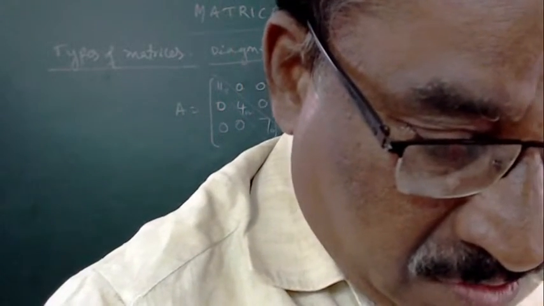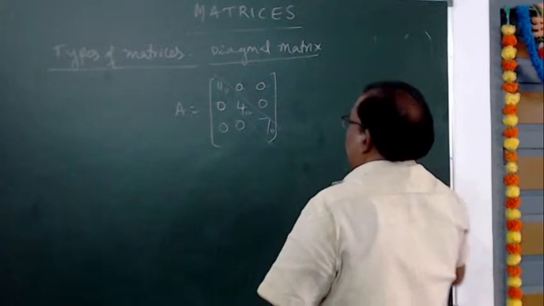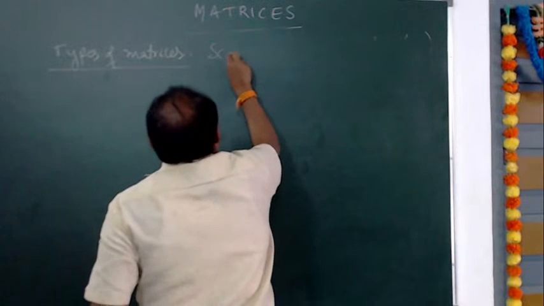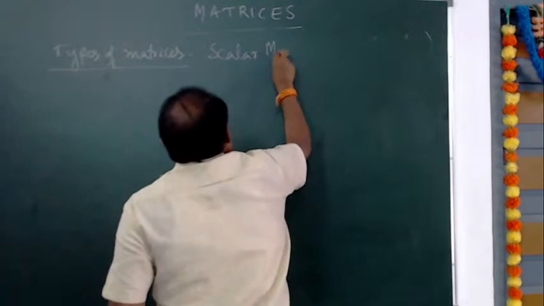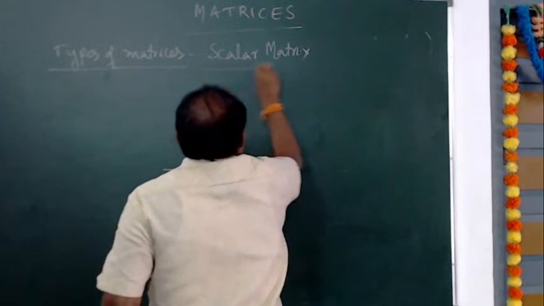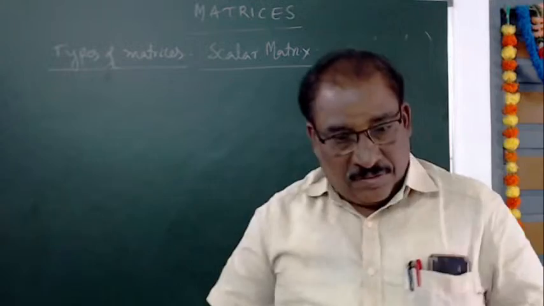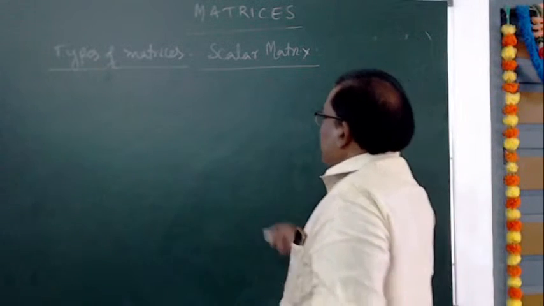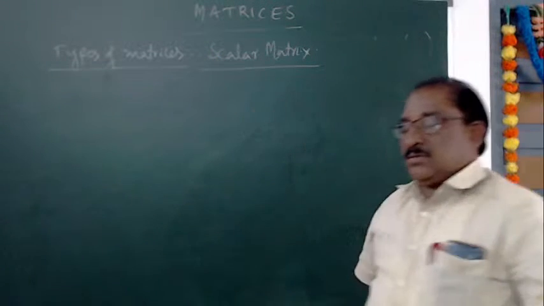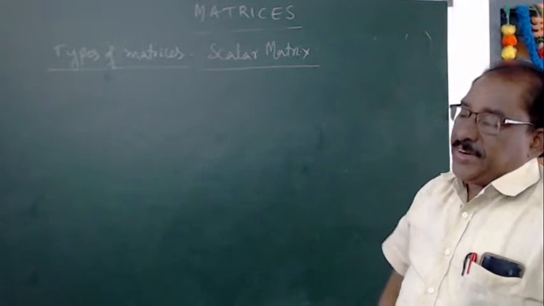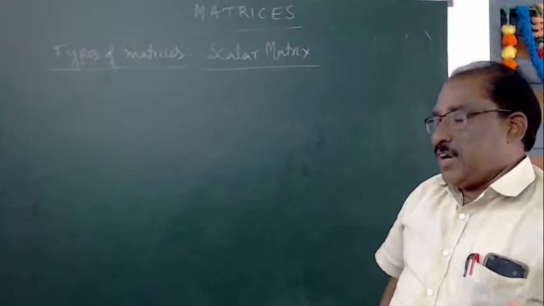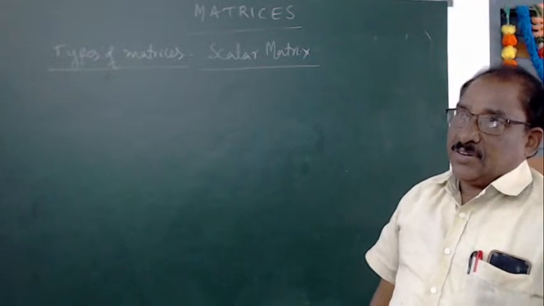And the next, scalar matrix. In a diagonal matrix, if the diagonal elements are all equal and the non-diagonal elements are 0, then it is called the scalar matrix.